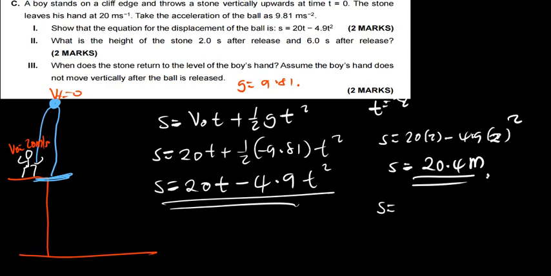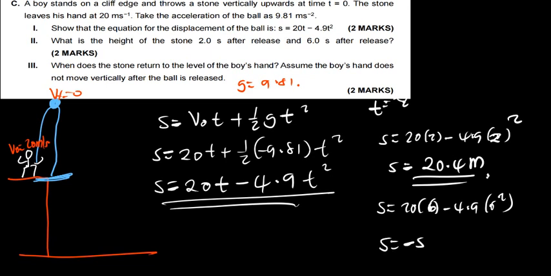Now when t was equal to 6, minus 4.9 times 6 squared. Let's see. 6 times 20 is 120. So 120 minus, open brackets, 4.9 times 6 squared. I close the bracket. I'm getting negative.